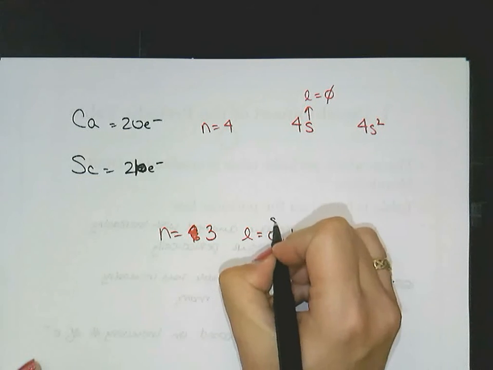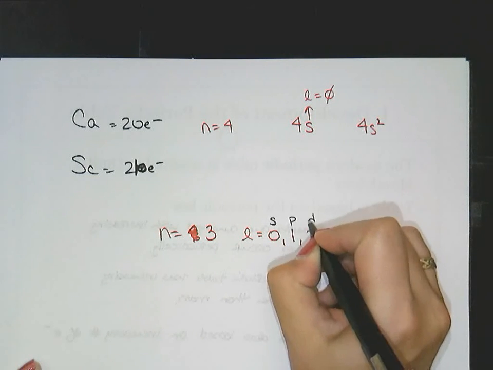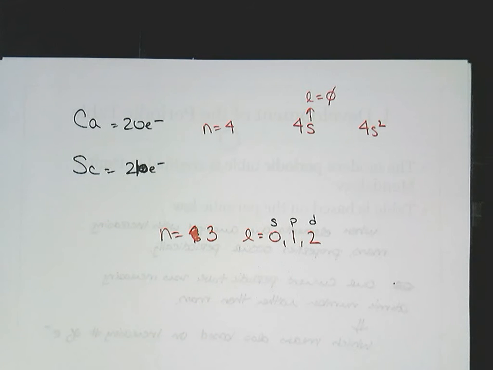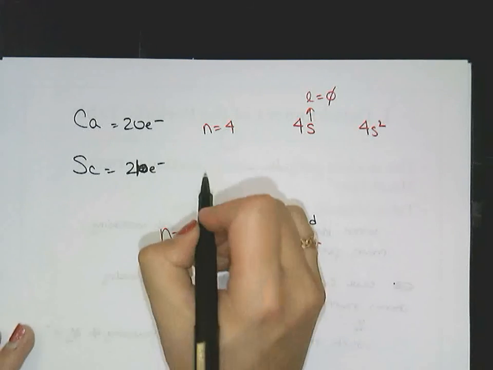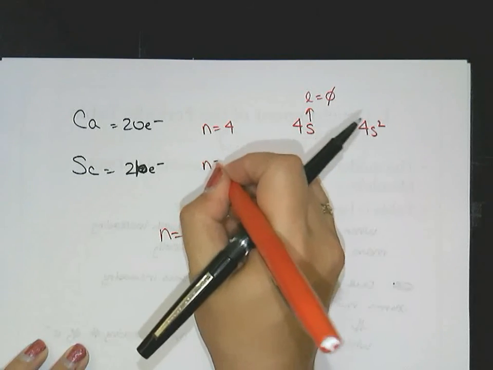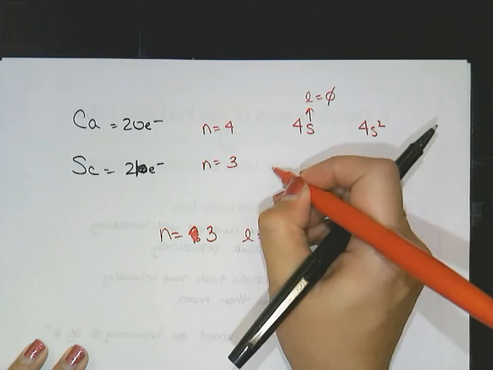That's d. So now when I get to scandium, my d orbitals are available where they weren't before, because now I'm at an energy level big enough to handle them. So scandium is going to be n equals 3, l equals 2, which would be 3d1.